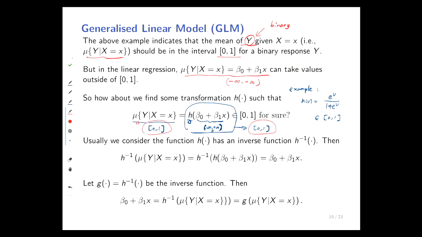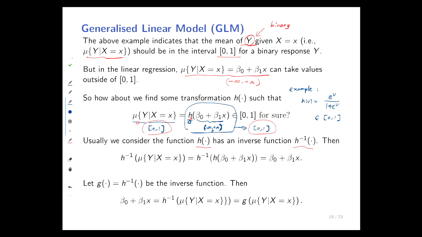Because we do not have a match, we find some bridge to match the left side and the right side of the equation. And now, what's the exact modeling for this generalized linear model? Usually we consider that this function h has an inverse function. So how do we compute the inverse function?